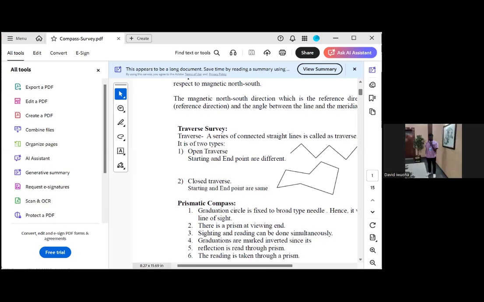Terminologies in chain surveying: survey stations, survey lines, main stations, baseline, a very important term, and check line or proof line.